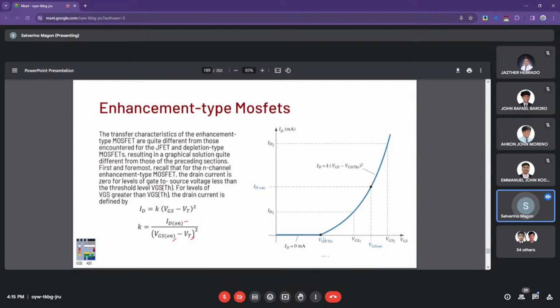So you have to overcome the threshold voltage to produce current going through the drain, and the relationship beyond the threshold voltage is described as an exponential one with the multiplier of the K factor right there.